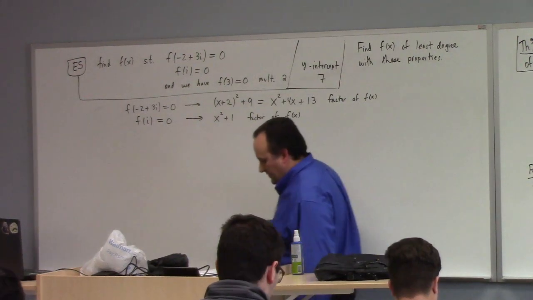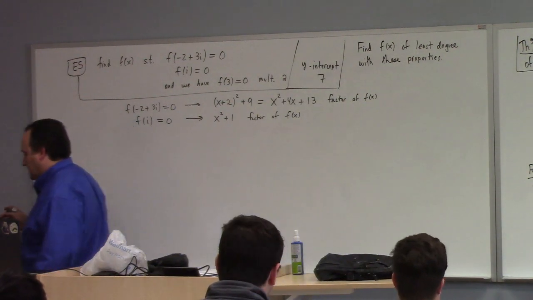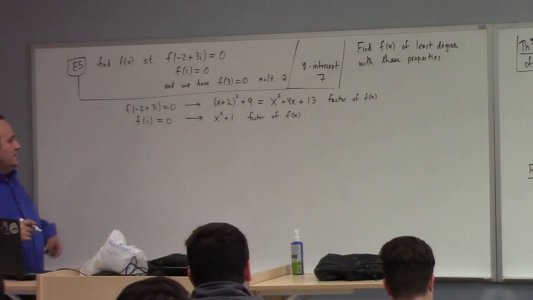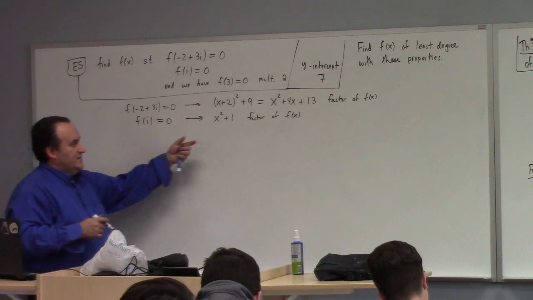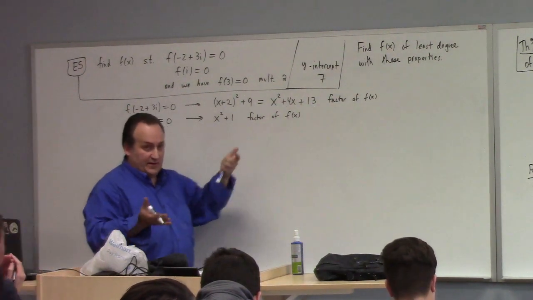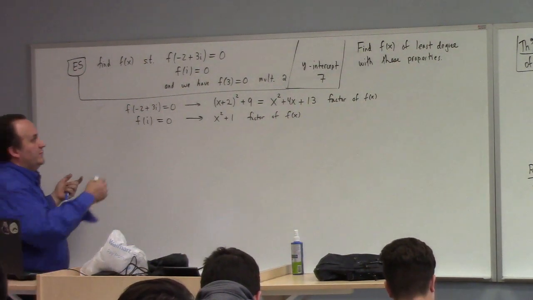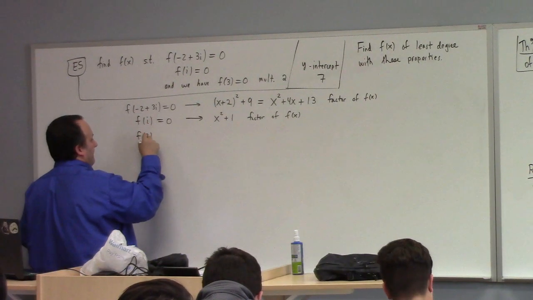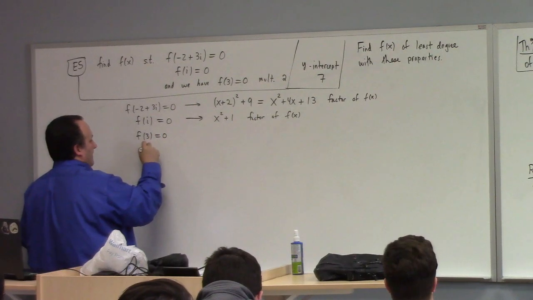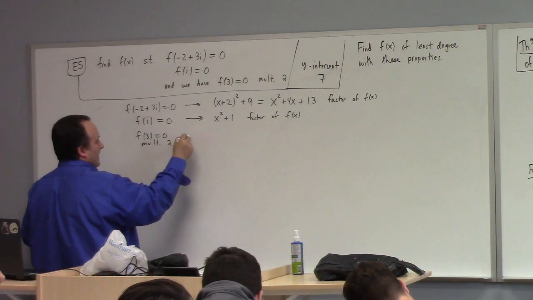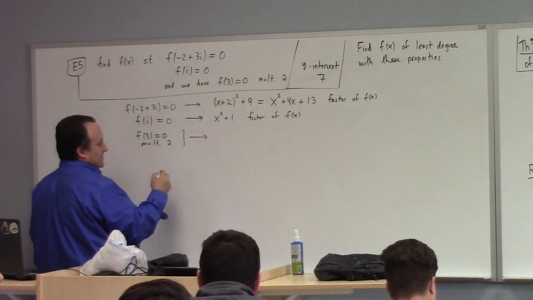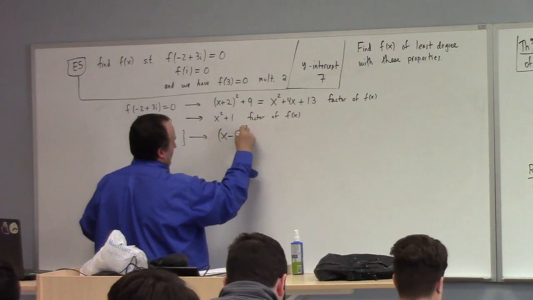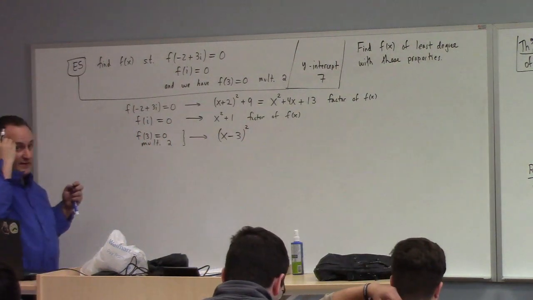So my point is I'm attacking it piece by piece. If I have these complex zeros, I have to have these particular irreducible quadratic factors. And we also want 3 with multiplicity 2. What's that mean? f of 3 with multiplicity 2 means x minus 3 squared is a factor.